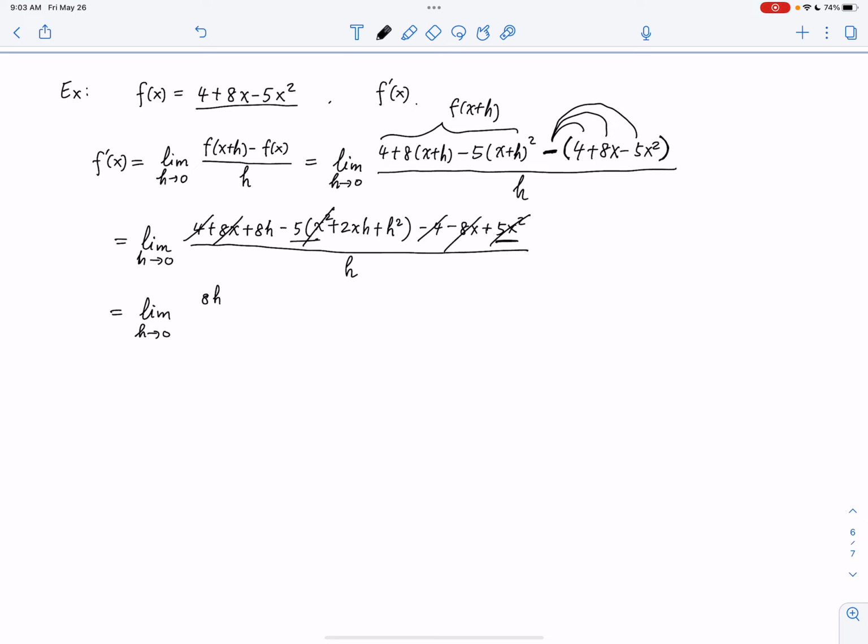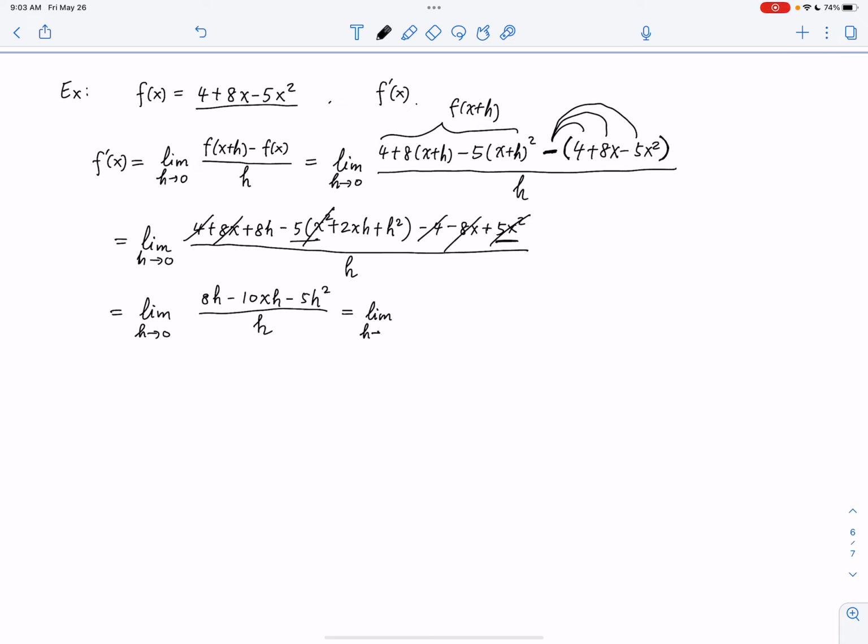Then you have 8h minus 10xh minus 5h squared over h. I think you should go through this, work the whole thing out step by step, and make sure you can get every step, and then you know how to do that.